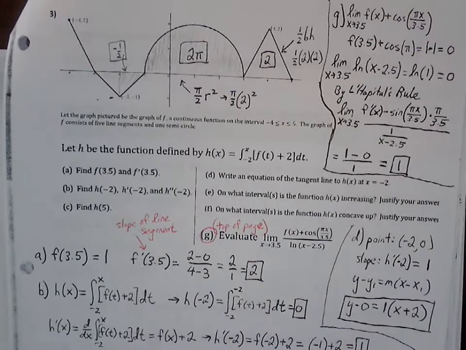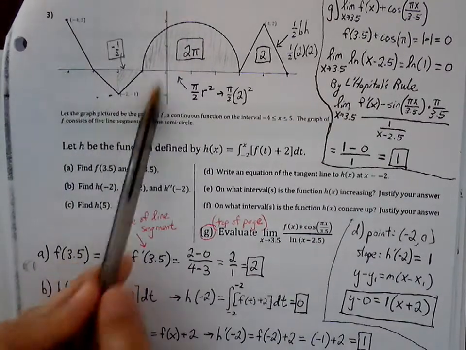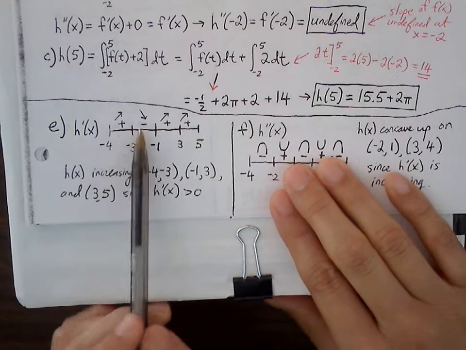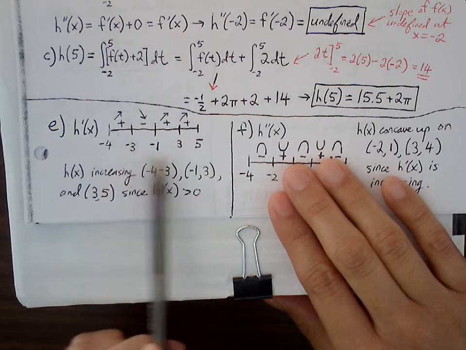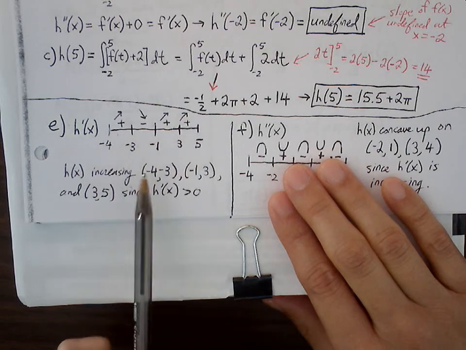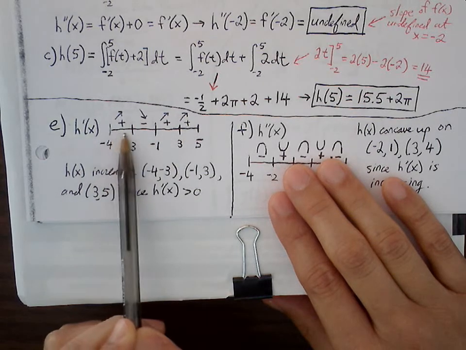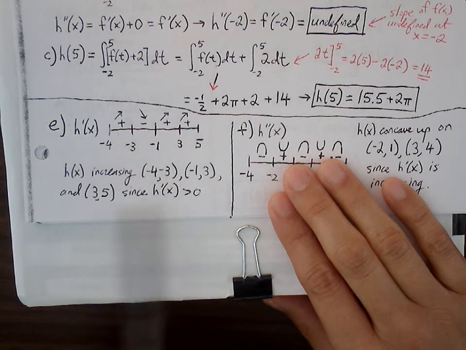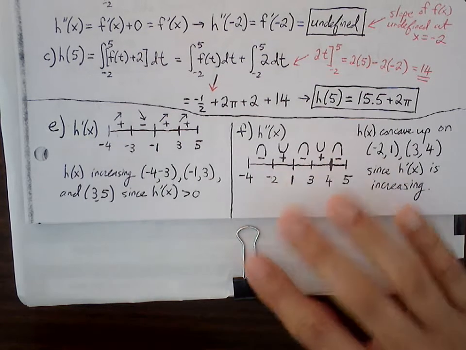So we have mostly positive slopes except for this region, which is negative slope. Okay, so critical points at -3, -1, and 3. Above the x-axis, below the x-axis, above and above. So our function is increasing in these 3 intervals because h prime is greater than 0.